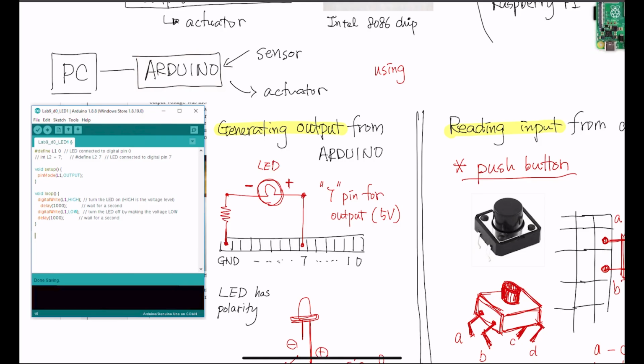What this does is it uses pin number 7 to generate an output. This pin number 7 is going to generate some voltage, and you would like to have an LED connected and a resistor, and that goes back to the ground. So you have a circuit formed like this, okay?